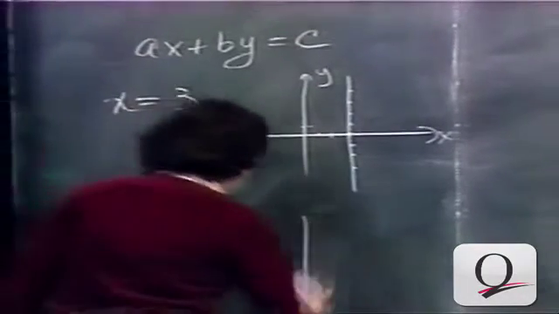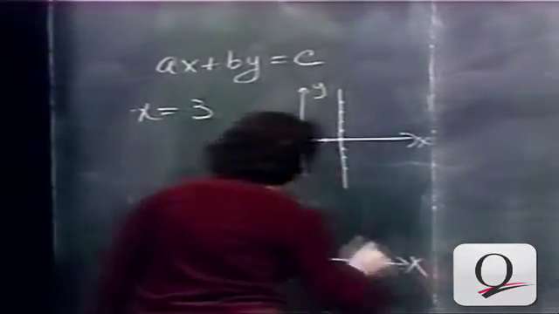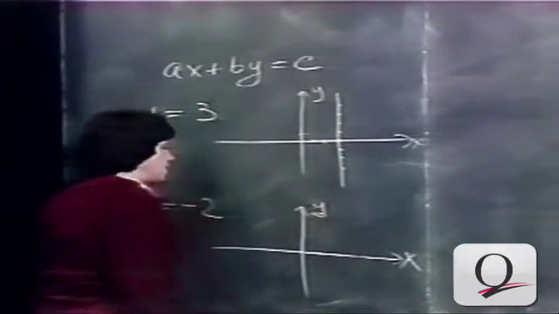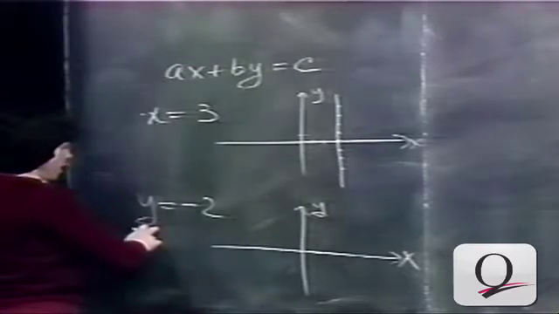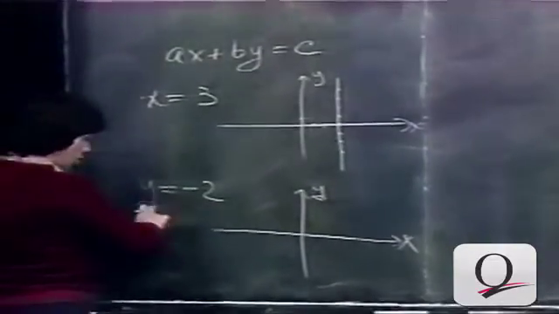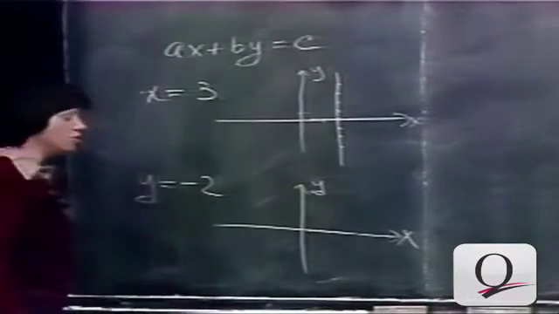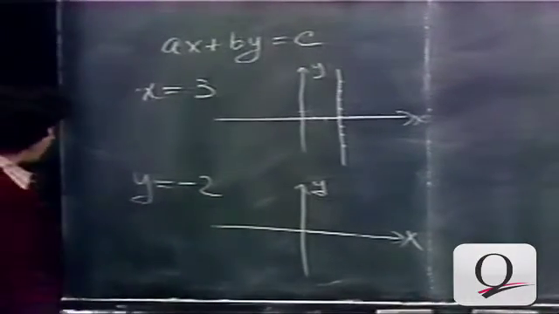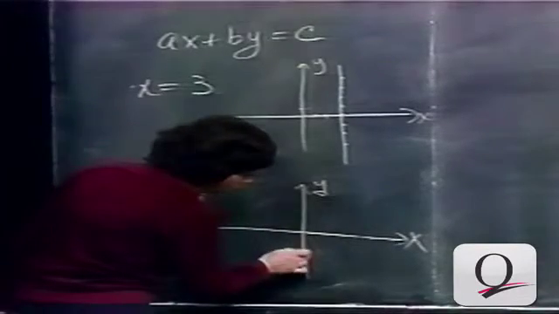Okay, similarly, let's look at the line y equals minus 2. Here I'm saying that the y-coordinates of all solutions, of all points here, should be minus 2, but I don't care what the x-coordinates are. For example, you could have 0 minus 2.